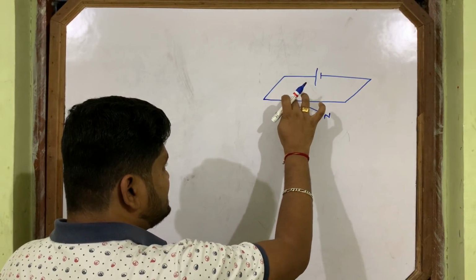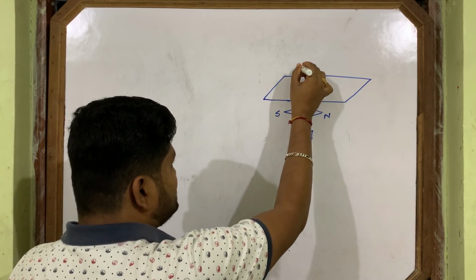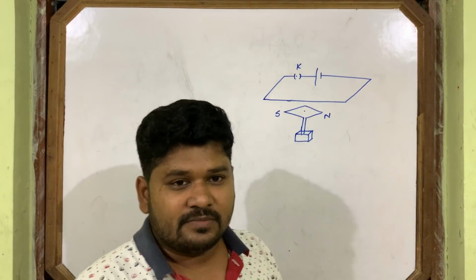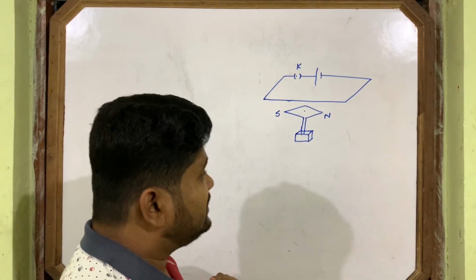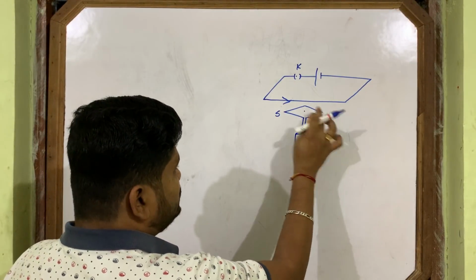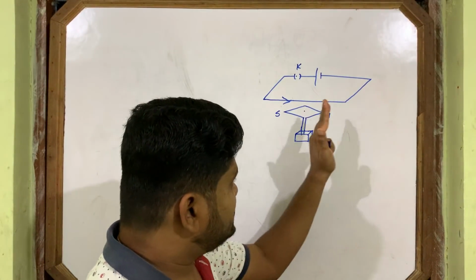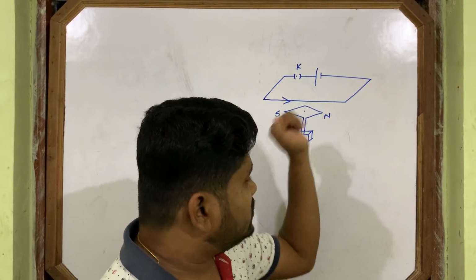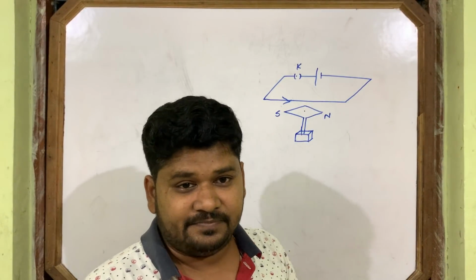Initially no current was passing. Suppose we keep one switch here. When the switch is closed, suddenly current starts flowing through this conductor in this direction, from the south to the north of the magnetic needle, but along the conductor.